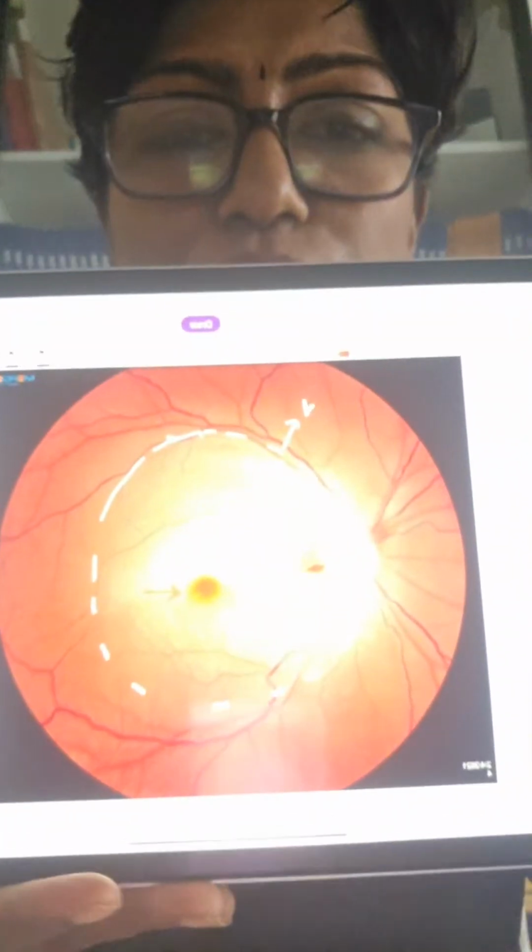Some of you ask, ma'am, then why are you saying atherosclerosis? Atherosclerosis is what causes hypertension, at least in the elderly; that is the underlying pathophysiology. So that is why some options, rather than giving you hypertension, give you atherosclerosis. Is that clear?